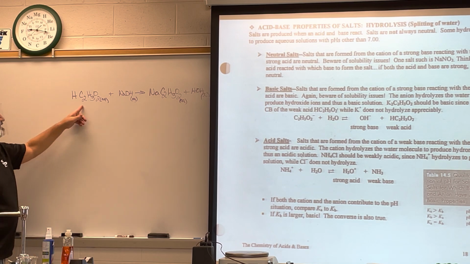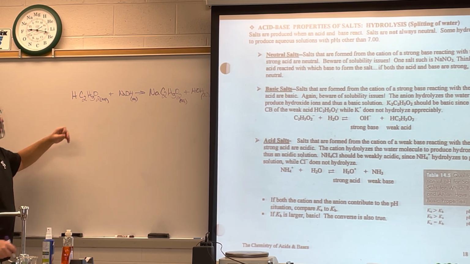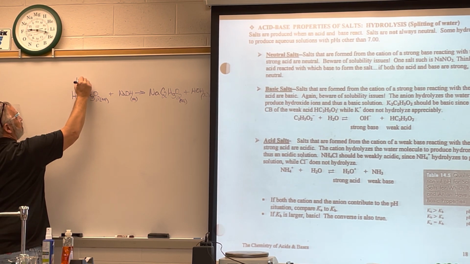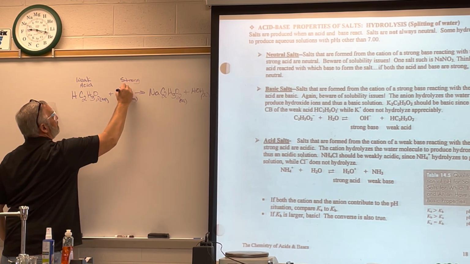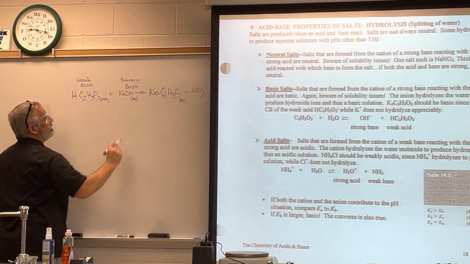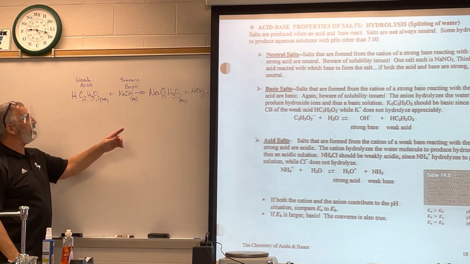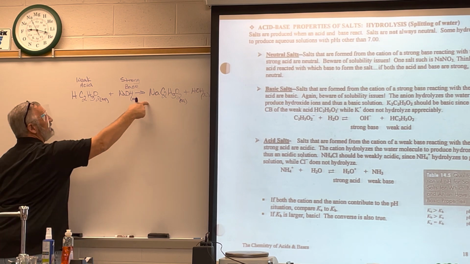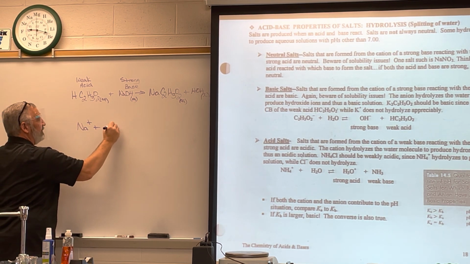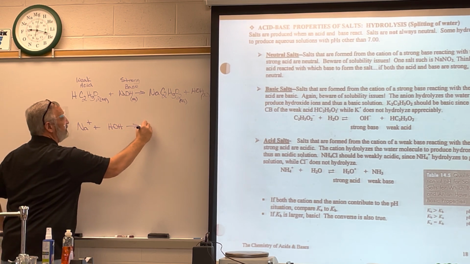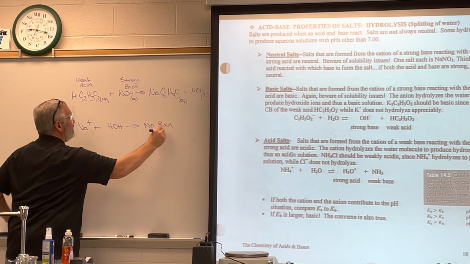Now what type of acid is acetic acid? It's a weak acid. But this is still our strong base, okay? So now when I'm looking at the conjugates, this again is going to dissociate the Na plus water. It's going to still do no reaction. This is still weak.